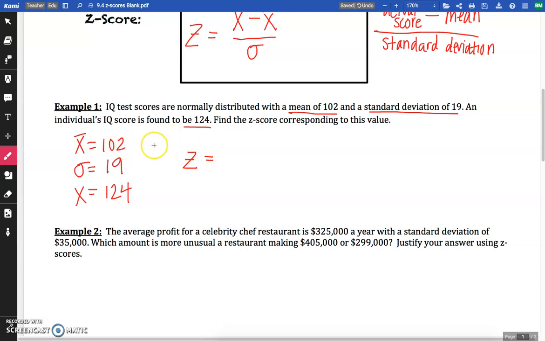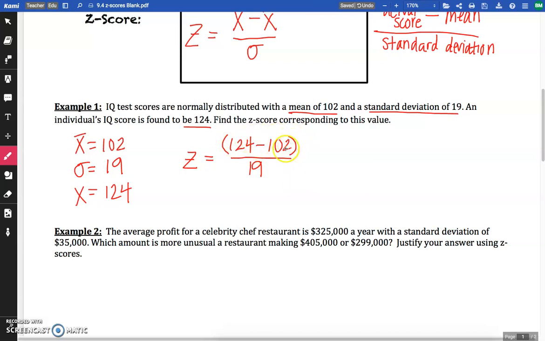Now we're going to do the actual, so 124, minus the mean, 102, divided by the standard deviation, 19. When you type this in your calculator, I would suggest you either put parentheses around your numerator or you do it in 2 steps.